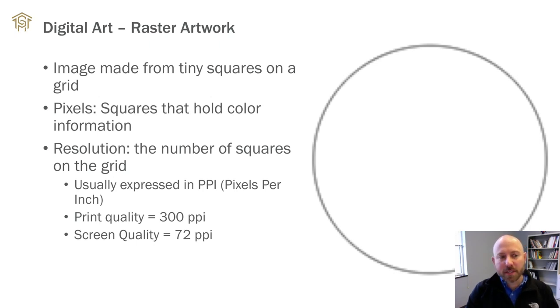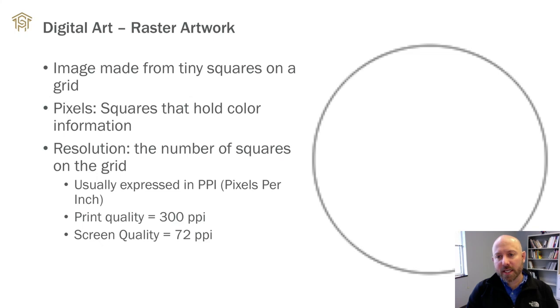Another term to understand in reference to raster artwork is resolution. Resolution is the number of pixels on that grid, how many are packed into a square inch. That's usually referred to as pixels per inch, PPI, which is a term you've probably heard before.